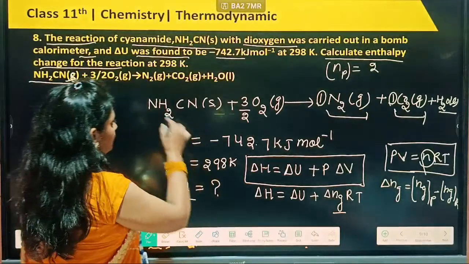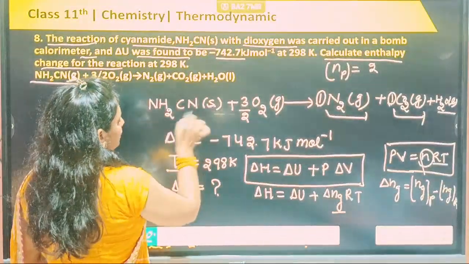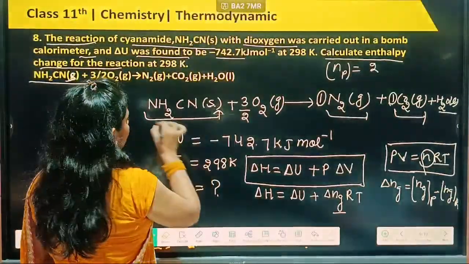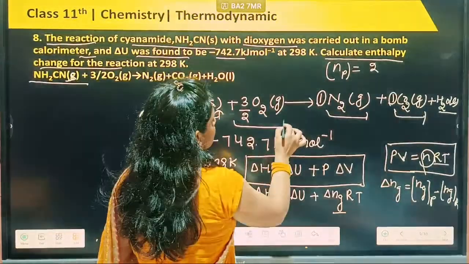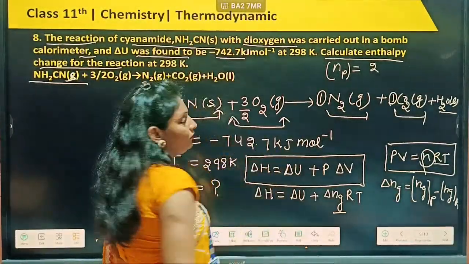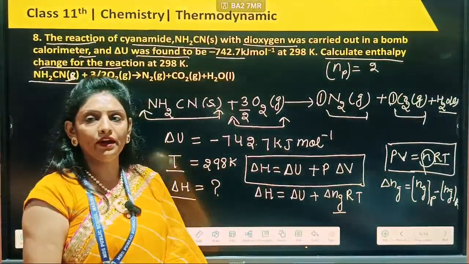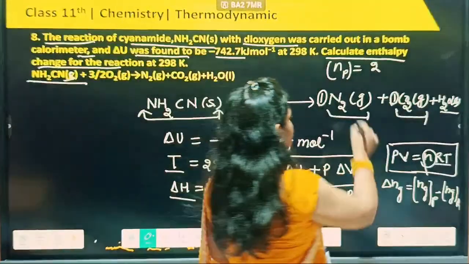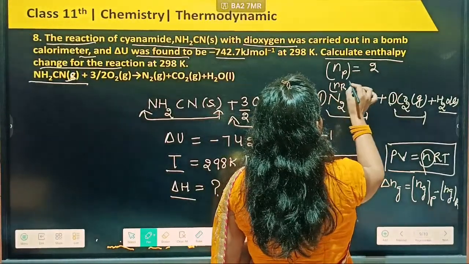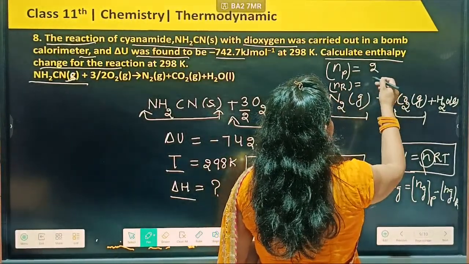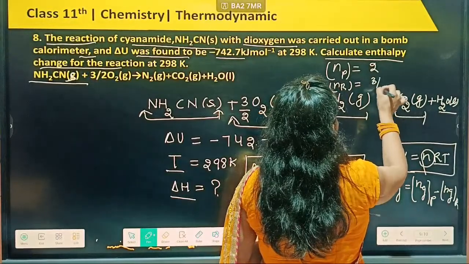And here you can see this is in solid state, only this one is in gaseous state. And how many moles are there? There are 3 by 2 moles. Then students, on the reactant side, the number of moles of gaseous substance is 3 by 2.